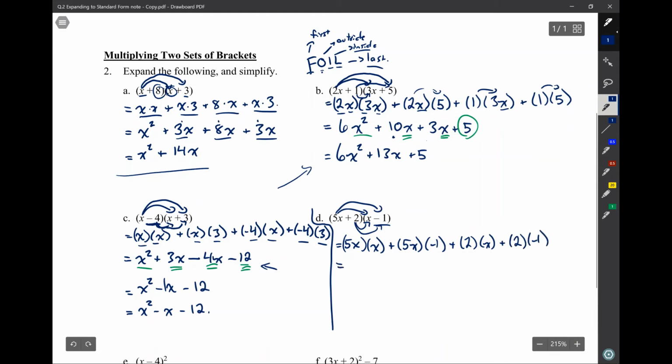So we'll pull them all together here. I have only one coefficient here. Remember, there's a hidden coefficient before this x, and that's a 1. The hidden coefficient there is a 1.